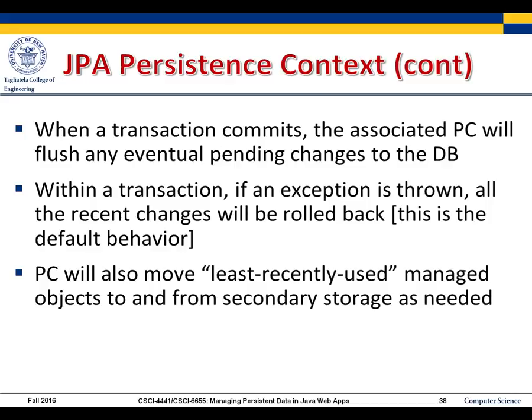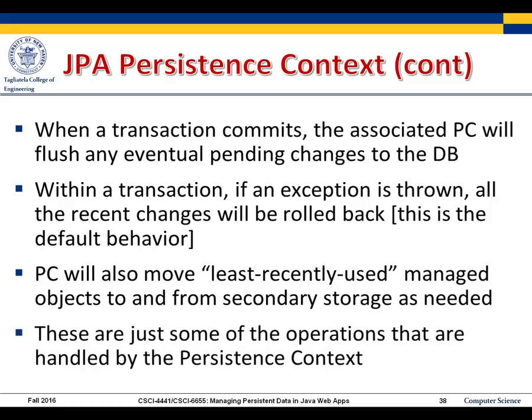It has the capability of writing them out to secondary storage, and as soon as somebody makes a reference to it, it can go back and bring them in. Okay, that's where the least recently used business comes in. So that is a scalability bonus that you get from using this. Otherwise, you'd have to manage that. This way, you don't have to.